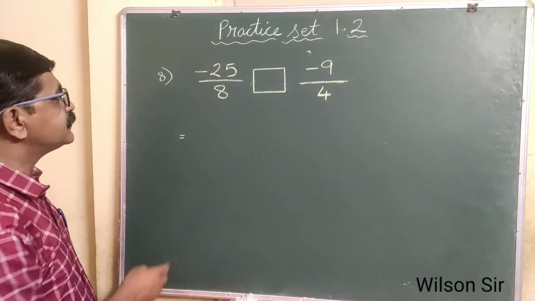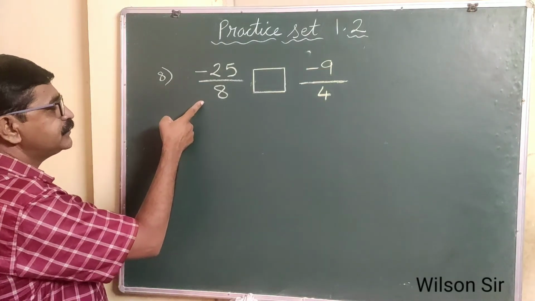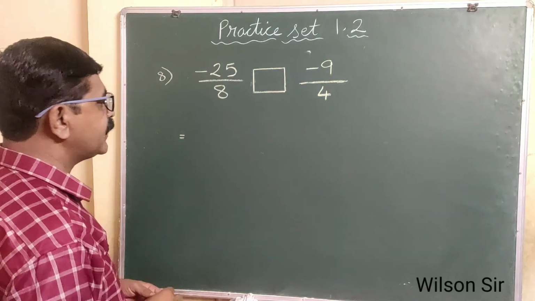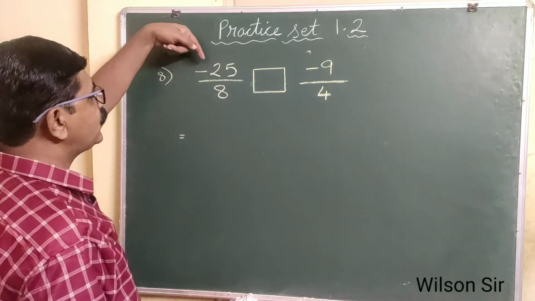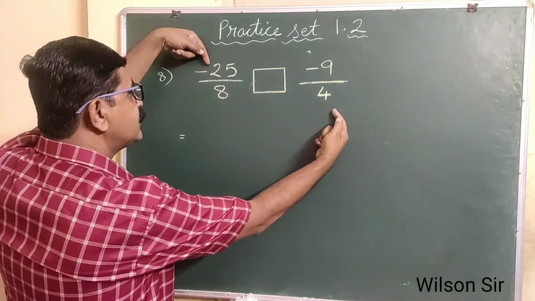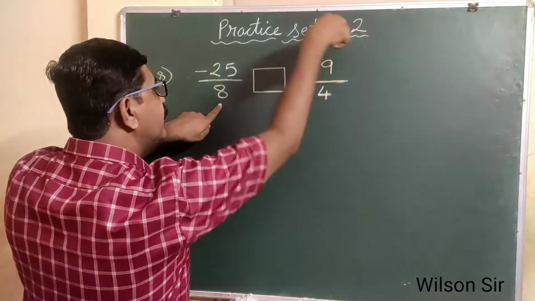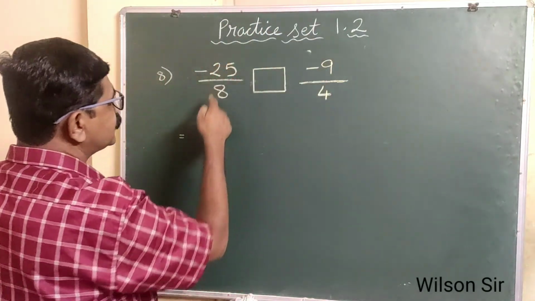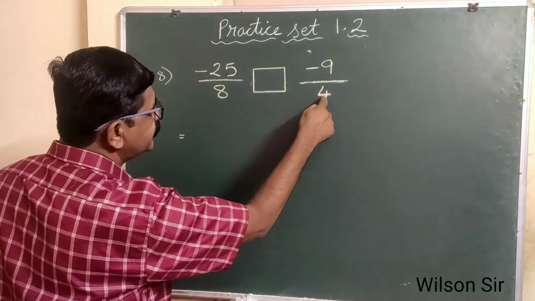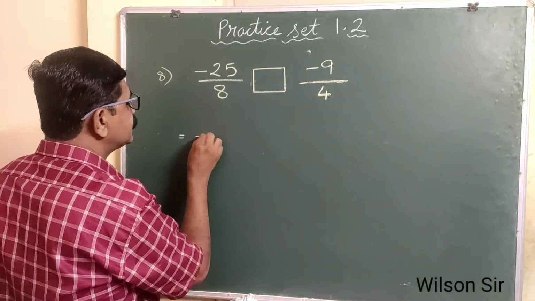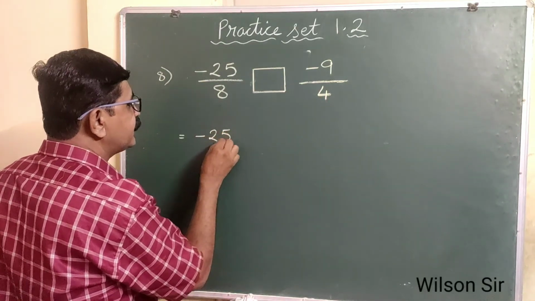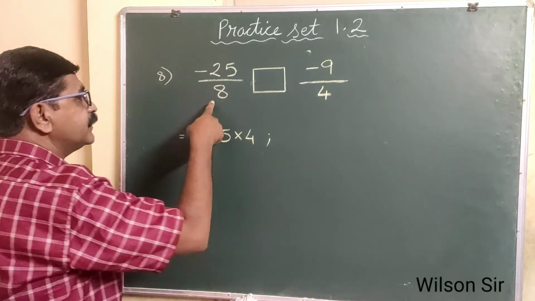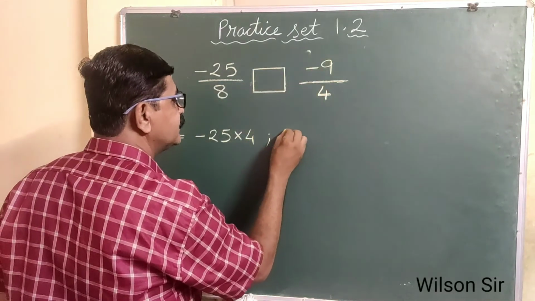So the 8th problem is minus 25 upon 8 and minus 9 upon 4. So we will solve by cross multiplication. Again 25 multiplied by 4 and 8 multiplied by 9. In this cross multiplication, first you have to do minus 25 into 4, then 8 into minus 9.